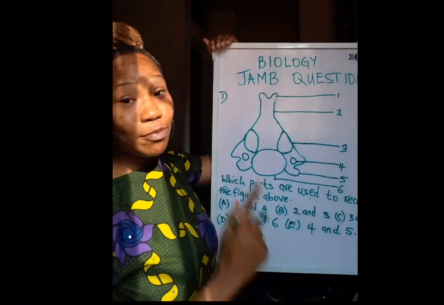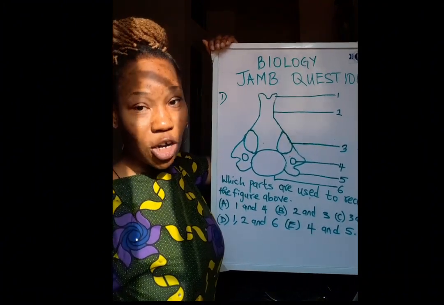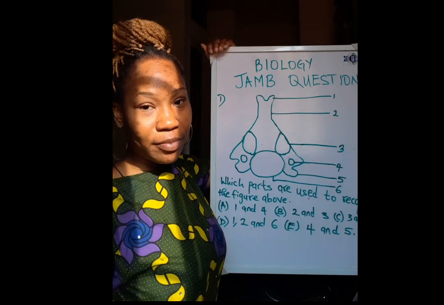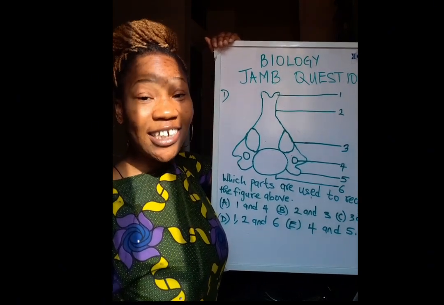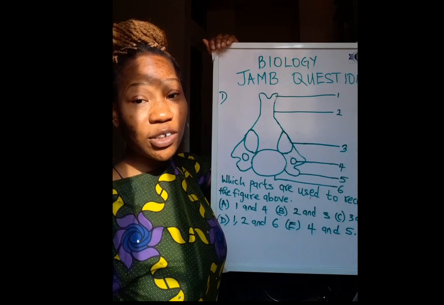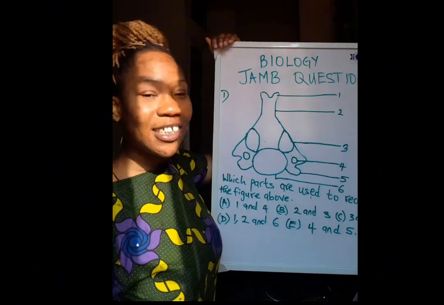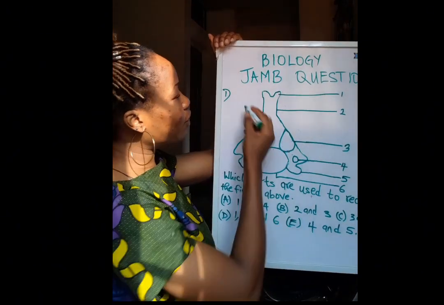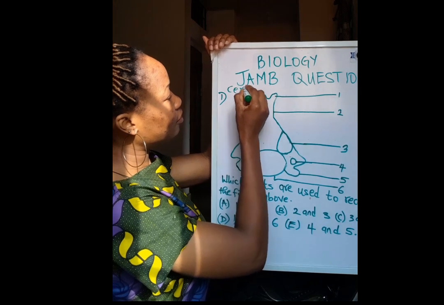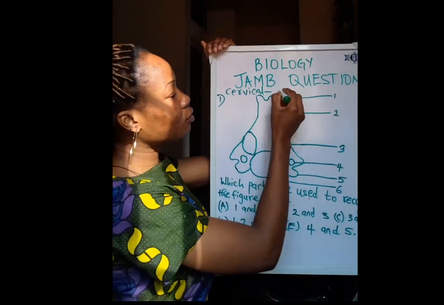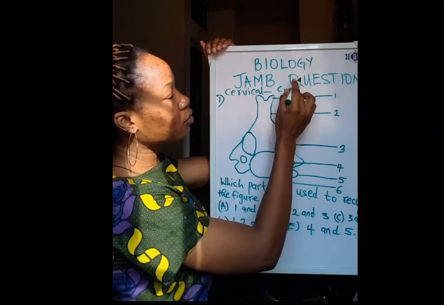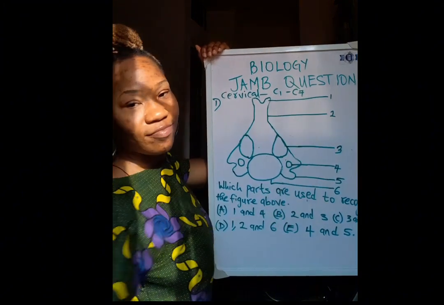Yes, it is particularly the first one, which you call the cervical. But remember that the cervical is how many in humans? It is actually 7, which we refer to as C1 to C7. So let's have it somewhere here.